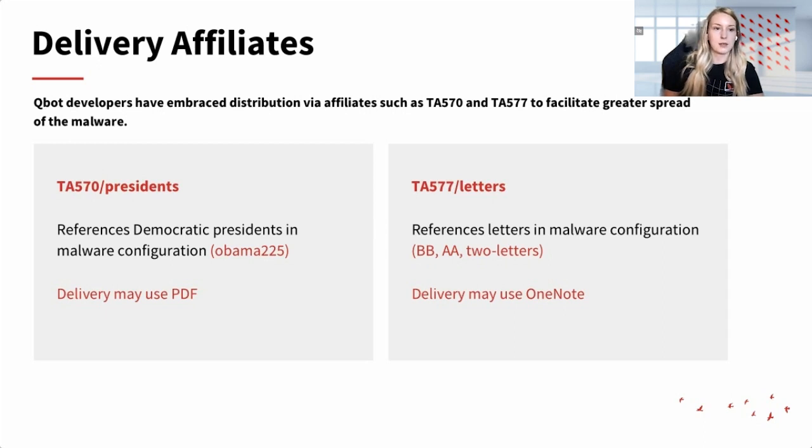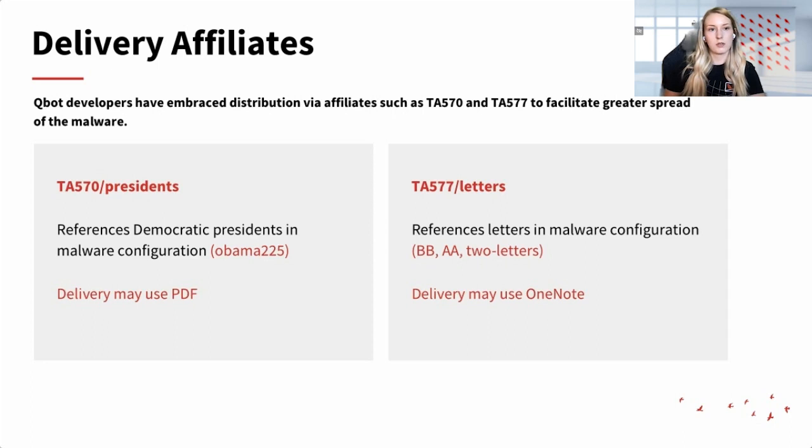And it's really difficult to distinguish between these two affiliates. The only thing is, sometimes they may use different delivery methods. So if Presidents is using delivery through a PDF, maybe Letters is using OneNote at the same time. But that isn't always the case. Sometimes they do use the same delivery methods. So another way to try to differentiate between these two is in the PowerShell that they execute.